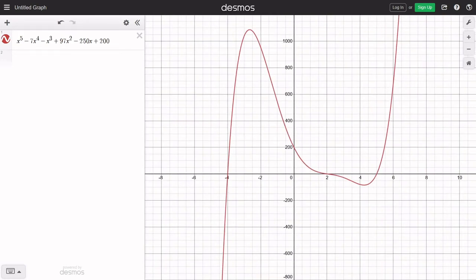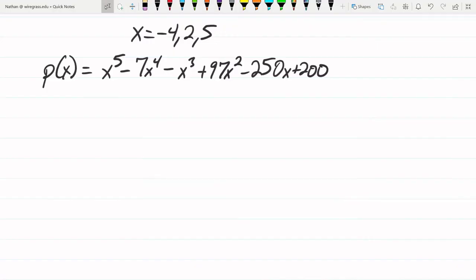But we have been given, or we have found 3 zeros. So let's try dividing these zeros out and seeing what we get that remains. Okay, so here I have the polynomial that I graphed, and these are the zeros that we found: -4, 2, and 5.